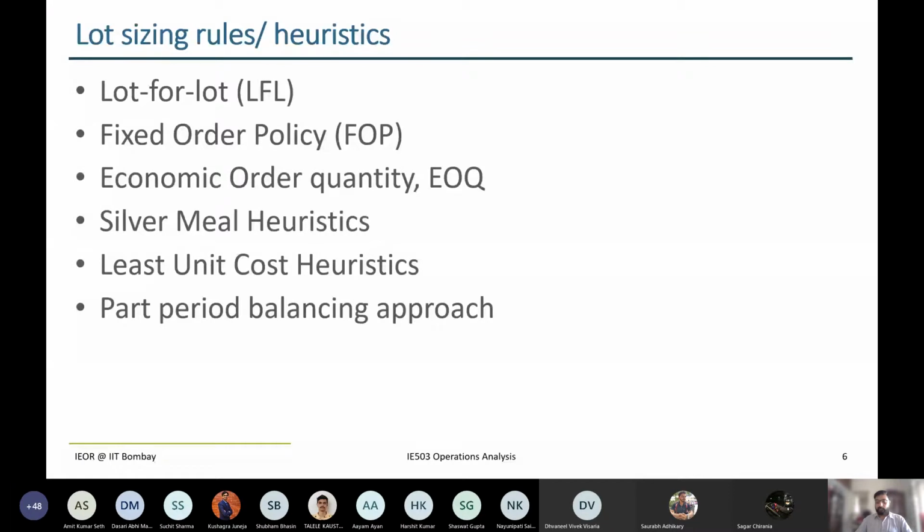We have seen lot for lot and even fixed order policy already, at least in the MRP example posted online, but we'll still go over it once more. Let's start with the simpler ones and then slowly move towards more near-optimum heuristics.